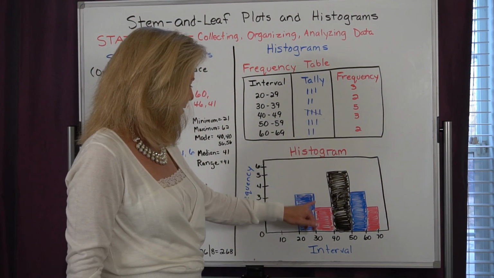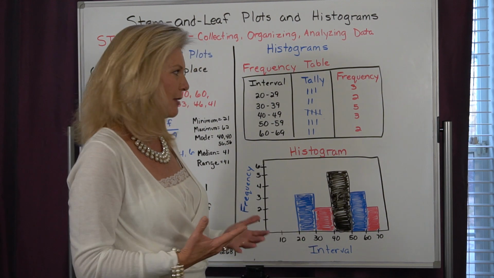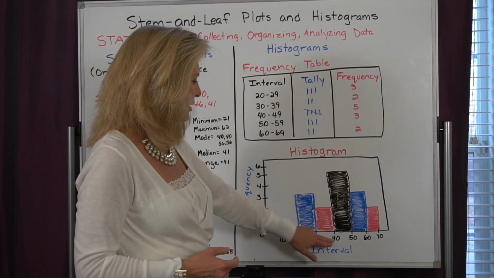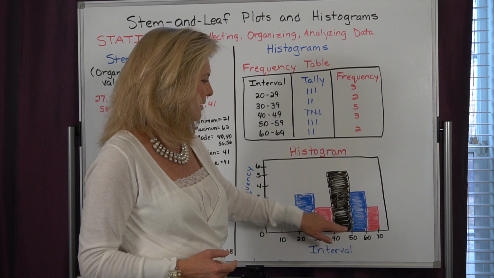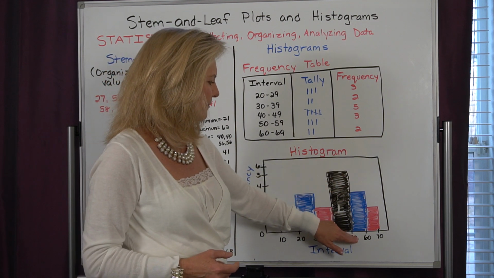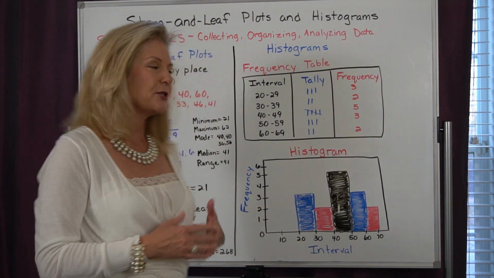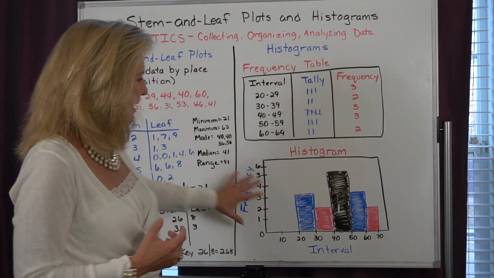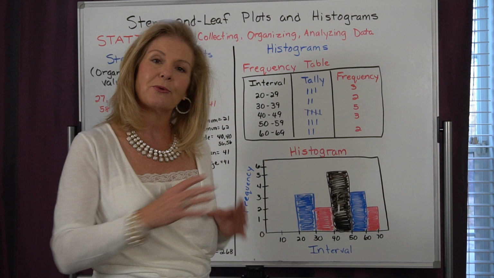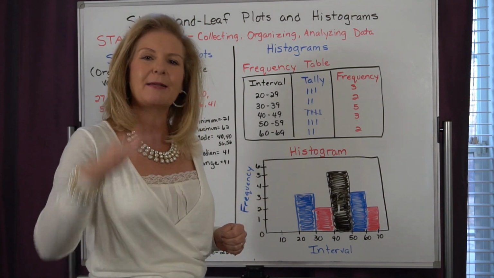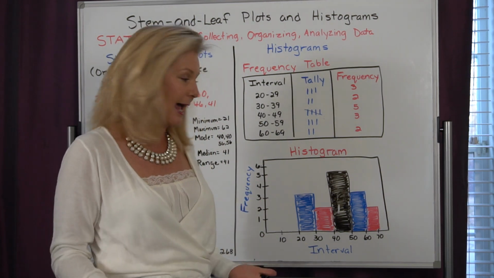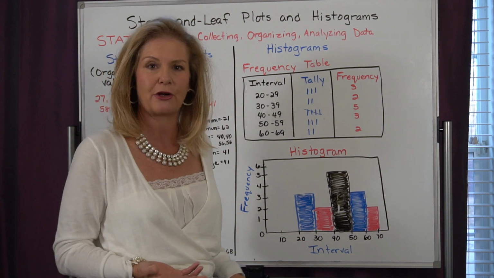So my bar goes to the 3 to represent that 3 times. And then from 30 to 40, I had 2. From 40 to 50, I had 5. From 50 to 60, I had 3. And from 60 to 70, I had 2. So we're simply taking our data set and creating bars to reflect how many times those pieces of data happened within the range or the interval.